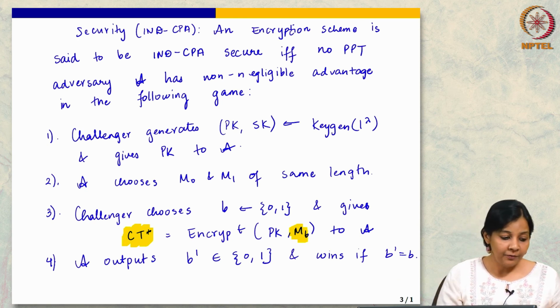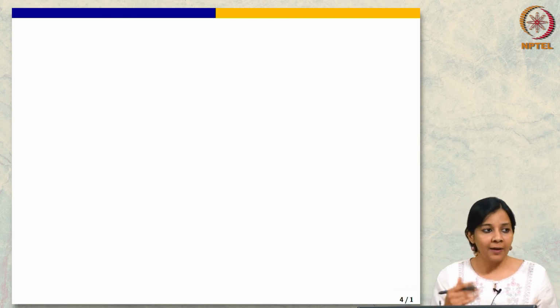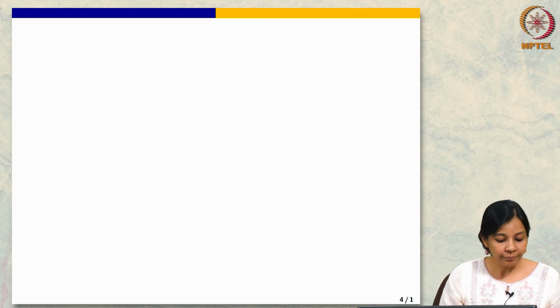So let's finish this definition. We defined a game so far, and we said the adversary wins if it guesses the bit B correctly.